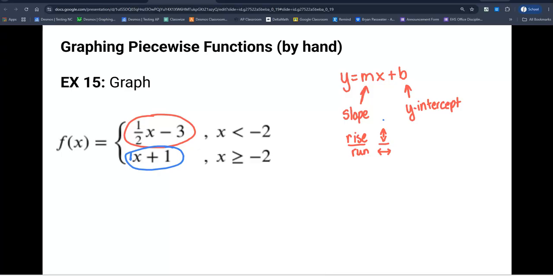And make sure you graph it neatly and graph the whole line all the way out to the edge of the graph. Start by graphing your y-intercept, then use your slope to go up or over.